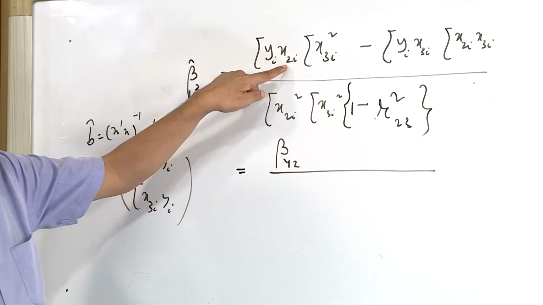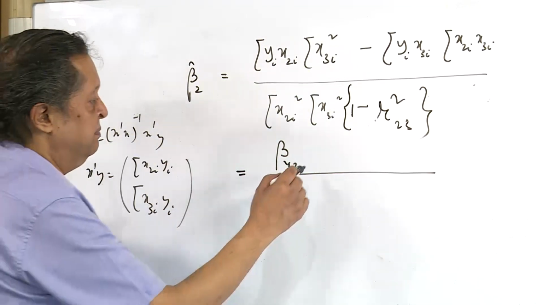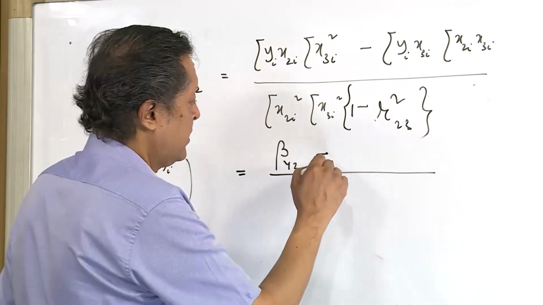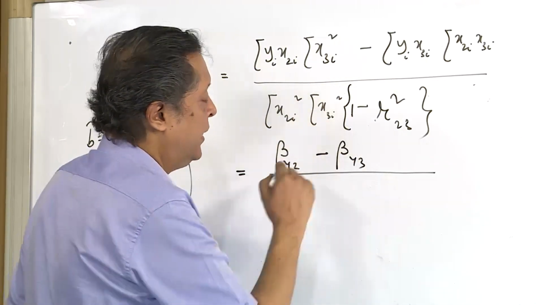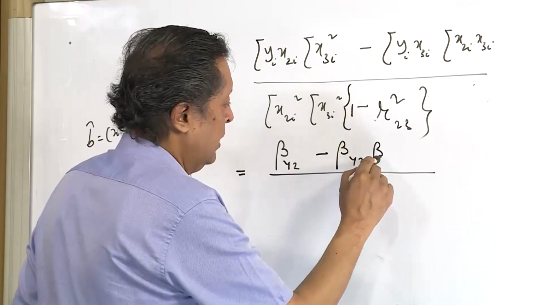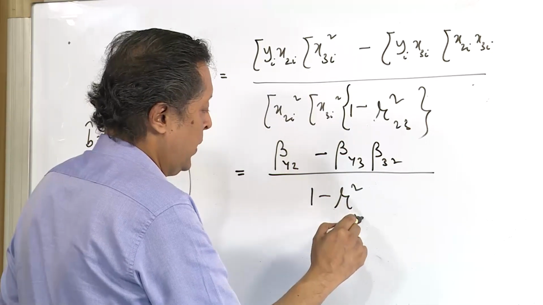So, yx2 divided by x2 square is beta y2, x3 gets cancelled, minus yx3 divided by x3 square is beta y3, and x2 x3 divided by x2 square is beta 3 2, and in the denominator we have 1 minus r square 2 3.